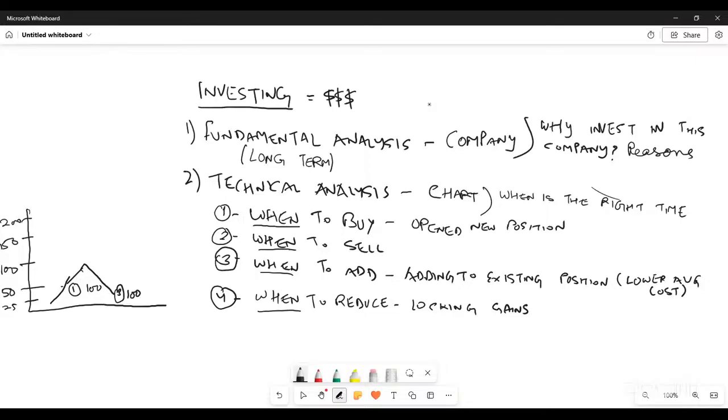Now you have 200 shares, and then you were right, it does bounce back and it goes and hits 100. Here you're in pretty good gains, so now you can do 4. You're in 200 shares, you can reduce some of your shares.